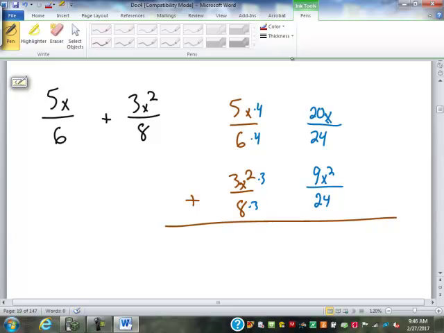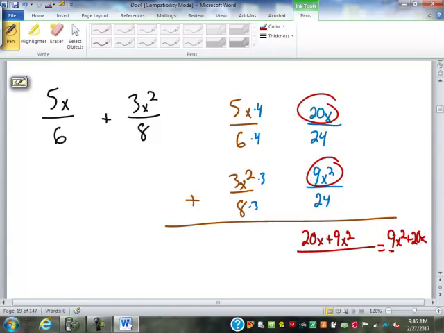Then what? Add them together, so 20x plus 9x squared is... We either do 9x squared plus 20x or 20x plus 9x squared. It doesn't matter. Typically, better math grammar is to put the larger power first. So the 9x squared plus 20x over 24 would be the more grammatically correct, but neither one of them would be wrong. Both of those would be correct answers. Any questions on those?